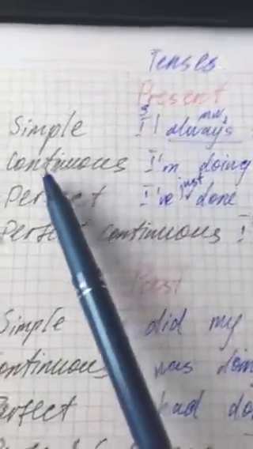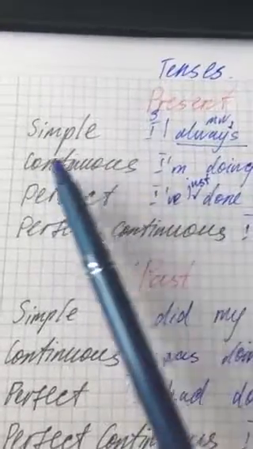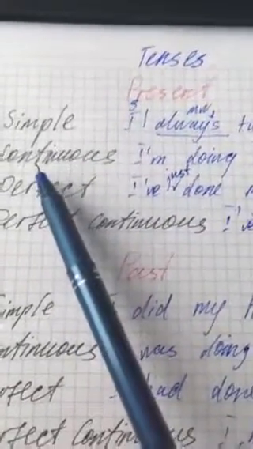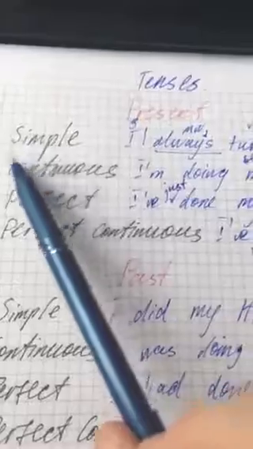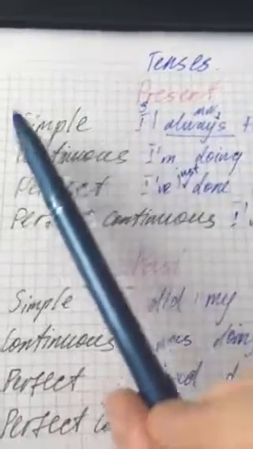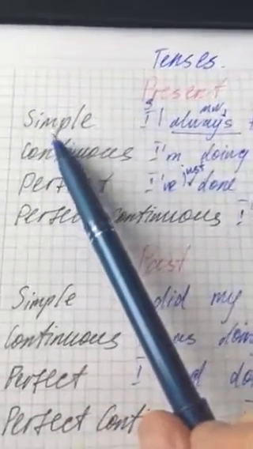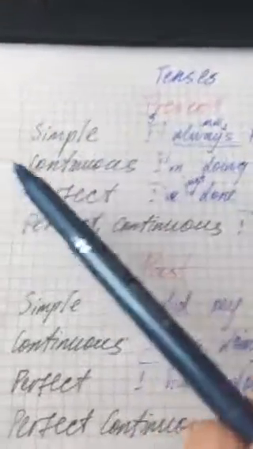If we're talking about plans, for example, or intentions, we will use future present continuous. I'm going to do my homework. And if we are talking about things that happen on the schedule, we use present simple. The school starts at 8 o'clock. But that's a topic for another day.